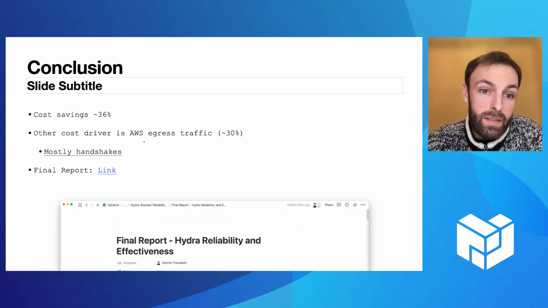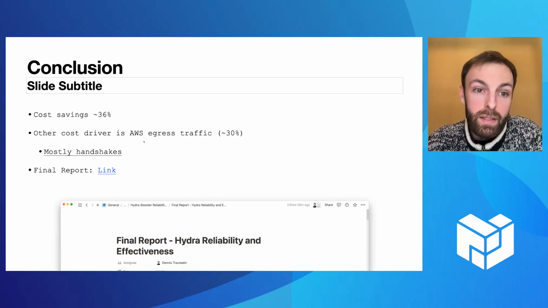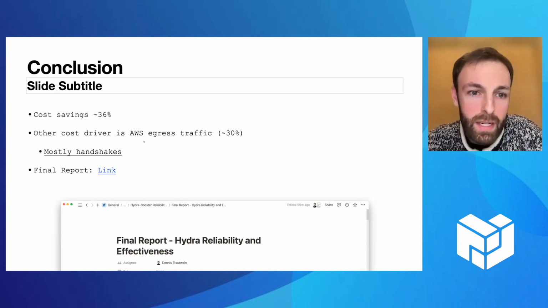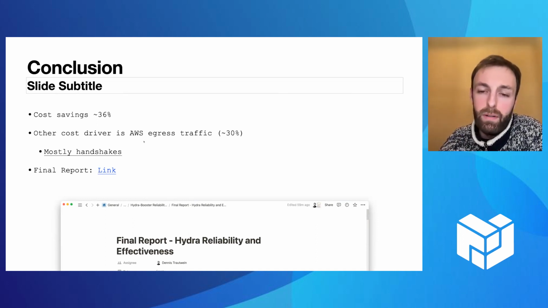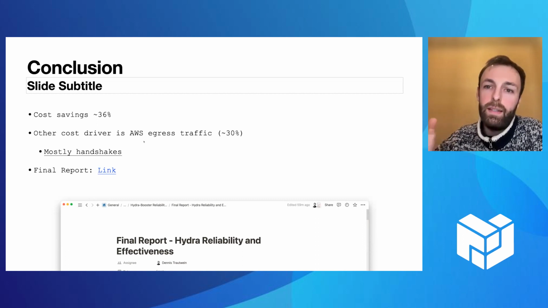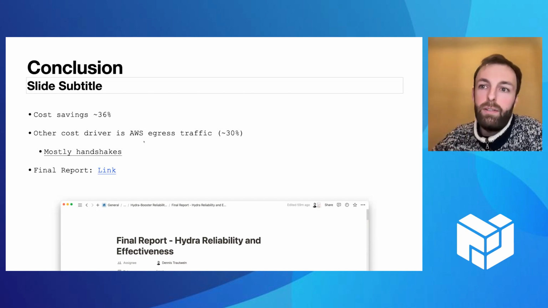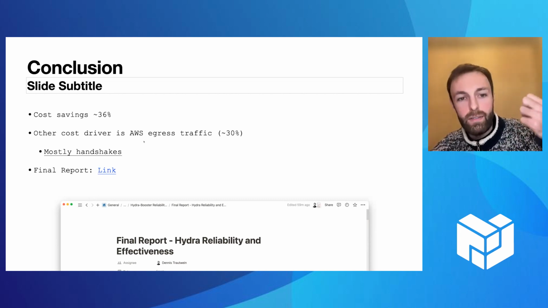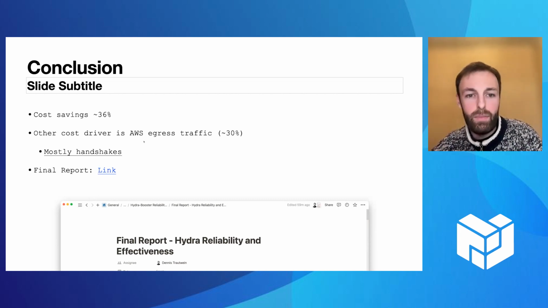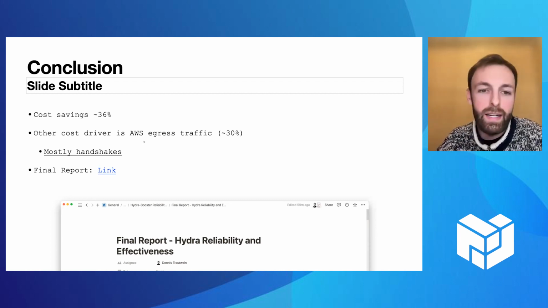So the outcome is we have a 36% cost savings, and the other cost driver for the Hydras is the egress traffic from AWS, which makes up around one third of the cost. I did a back of the envelope calculation. I think most of the egress traffic is actually only the TCP connection handshakes, round trip times, and protocol selection, multistream select.